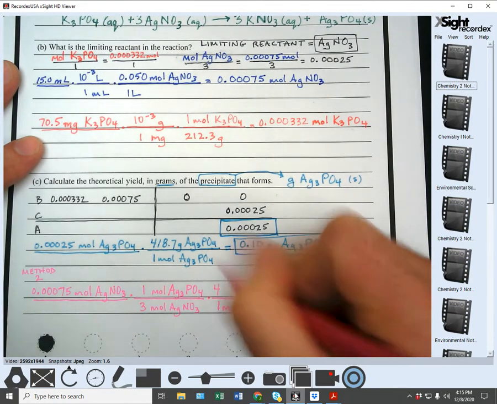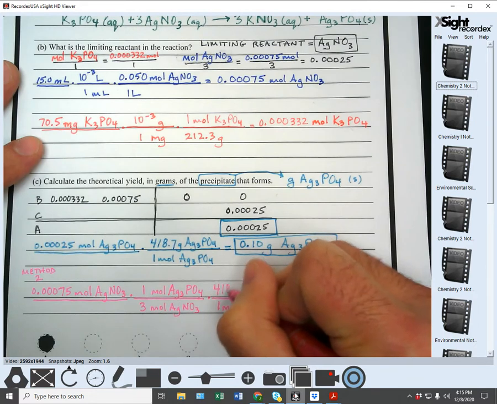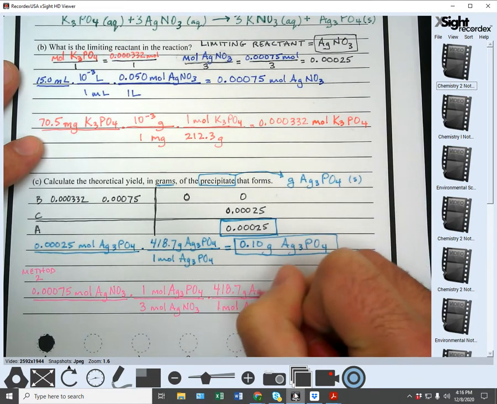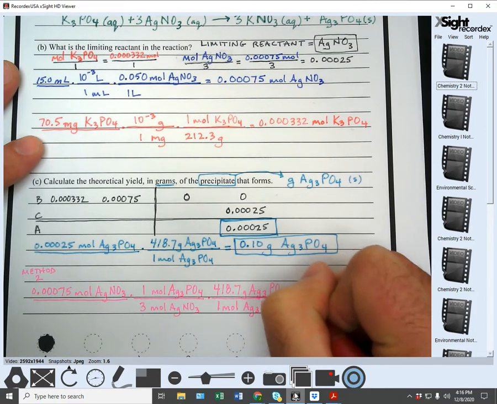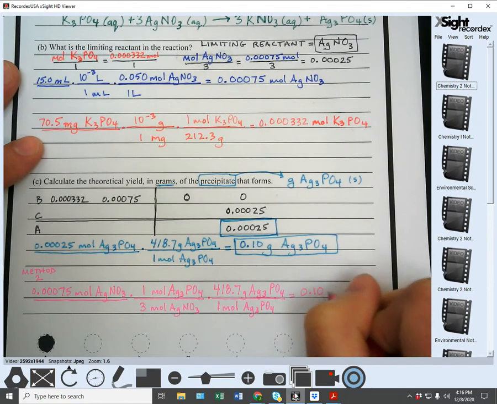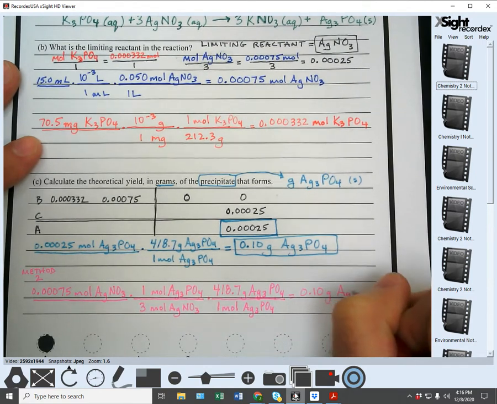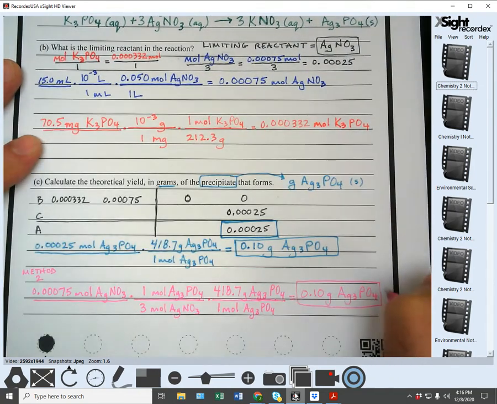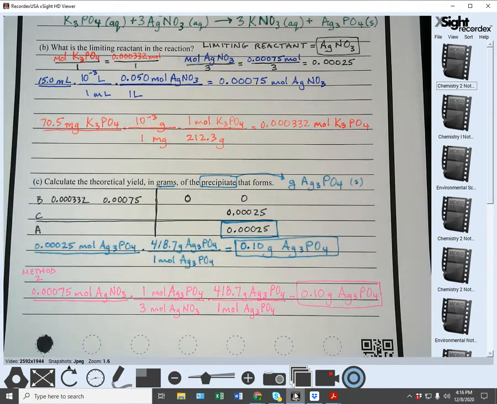This step is the same as before, so it's 418.7 grams. And guess what? We're going to end up with the exact same answer. Okay. Doesn't matter which way you do it.